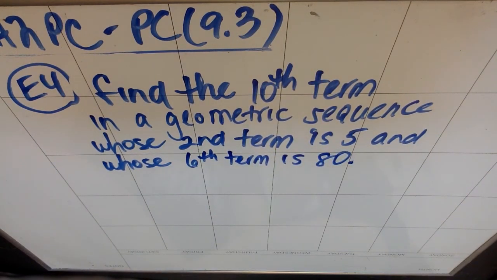All right, so let's give that a try. So find the 10th term in a geometric sequence whose second term is 5 and whose sixth term is 80.